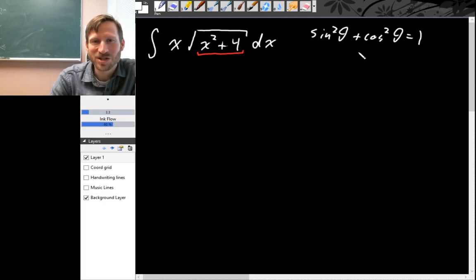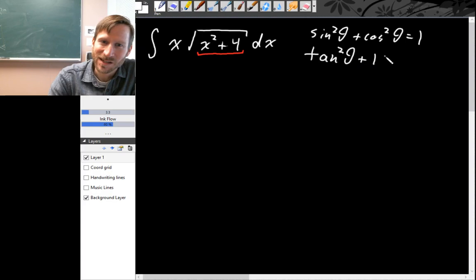So maybe what we should do is try to think of a Pythagorean identity that has plus a constant on one side, and you might remember this one. If you don't, that's okay, I'm going to remind you. Tangent squared theta plus 1 equals secant squared theta.